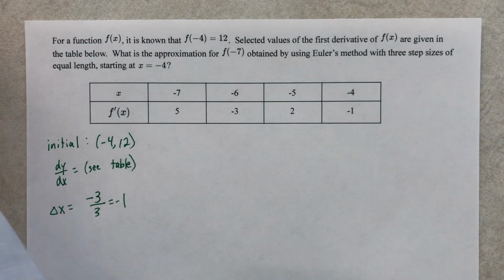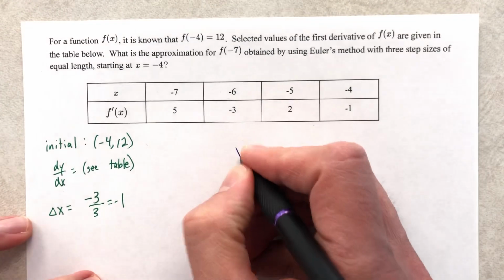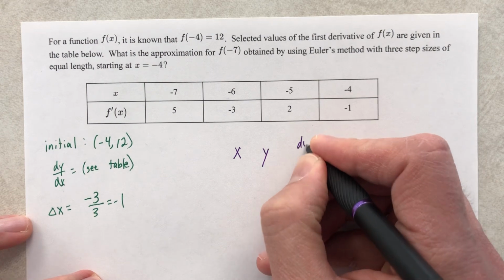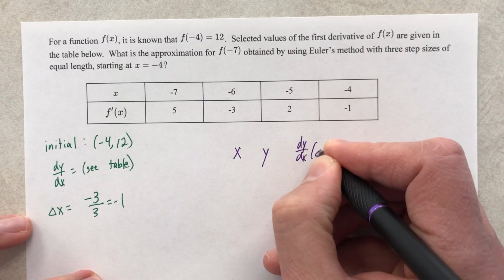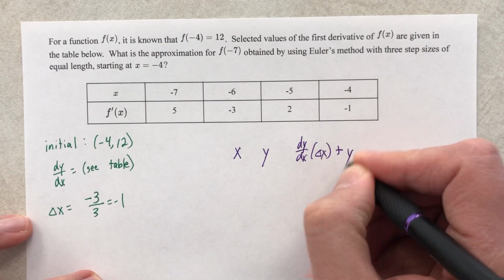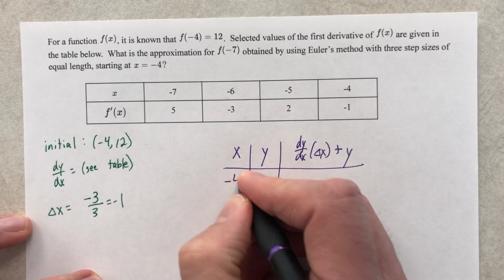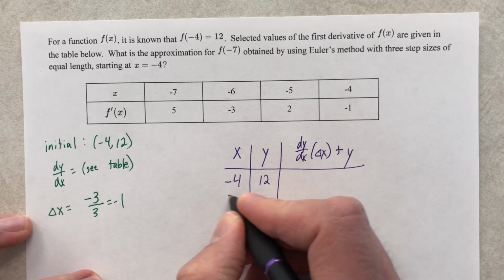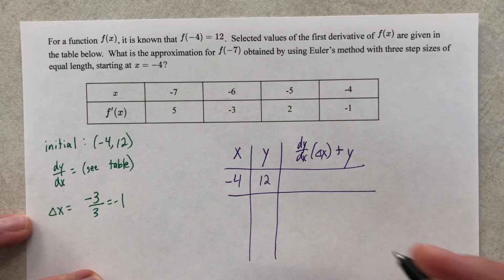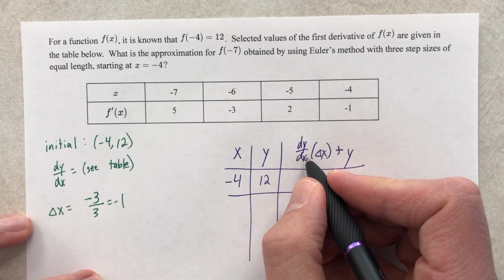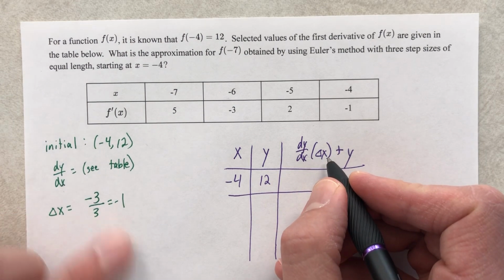So let's do it. Same chart: x, y, dy dx, delta x, and y. Our initial condition is negative 4, 12. We don't have an equation for dy dx. Delta x is negative 1.